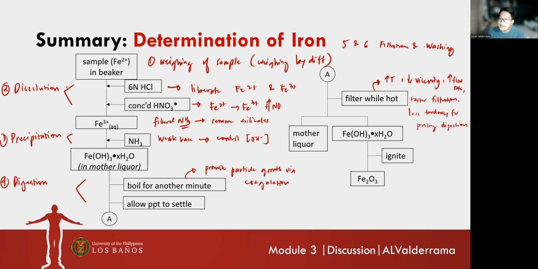For step 7, we have here drying. By drying, we subject first our sample in the crucible in an oven for 3 hours at around 100 degrees Celsius. And then after drying, we will ignite it.